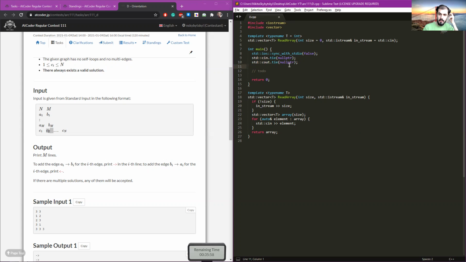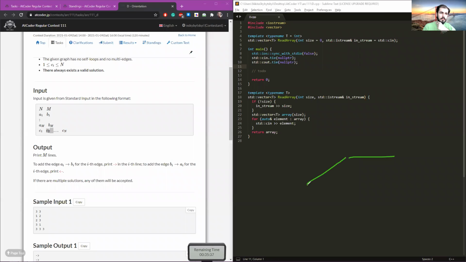And I believe that we can detect this cycle by depth first search over only the edges that we have not decided yet. We have some cycle, right?